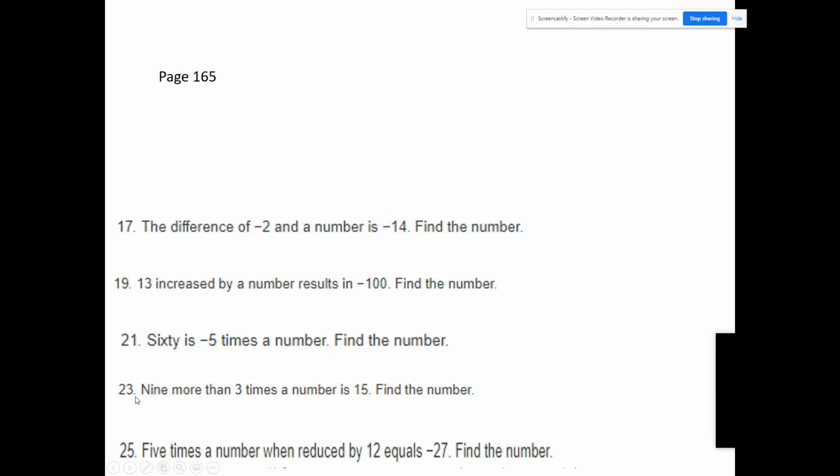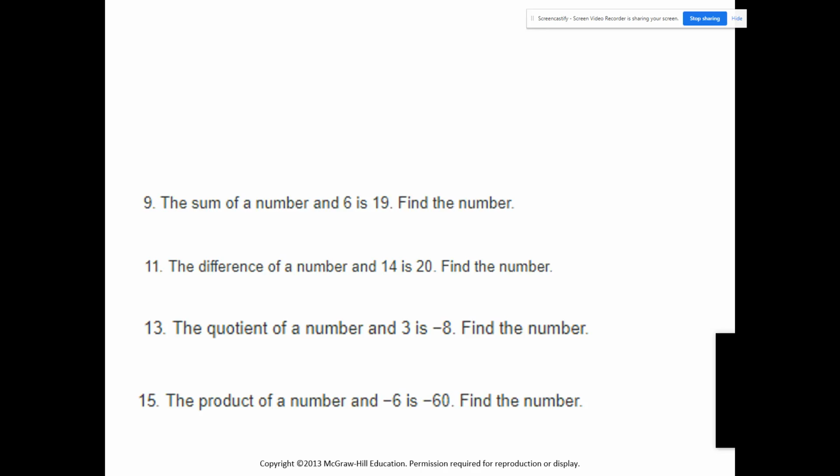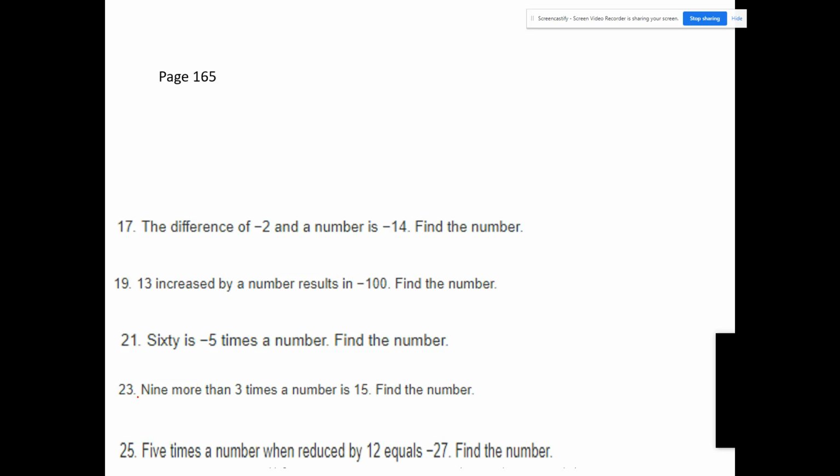So for 17, it says the difference of negative 2 and a number is negative 14. All right, so the difference of means subtraction. So negative 2 minus x equals negative 14, right?